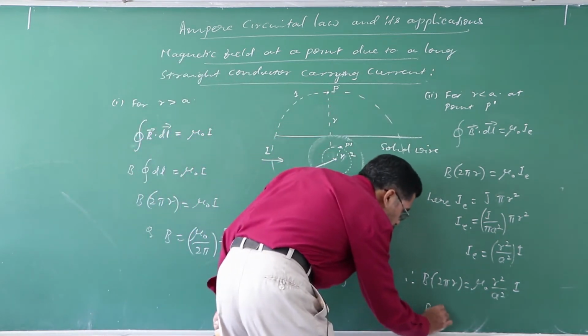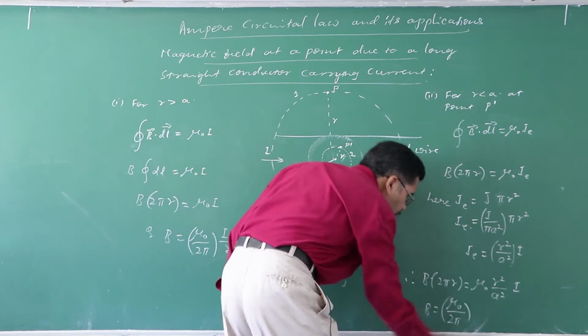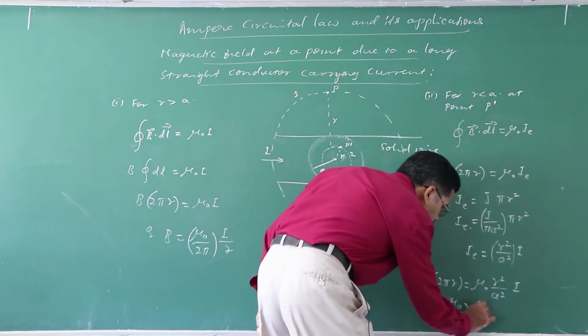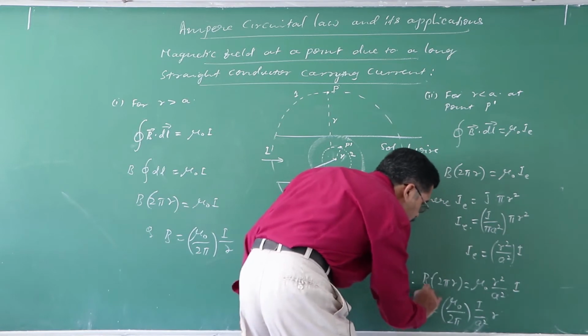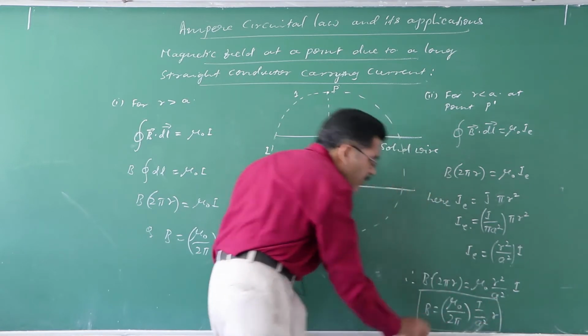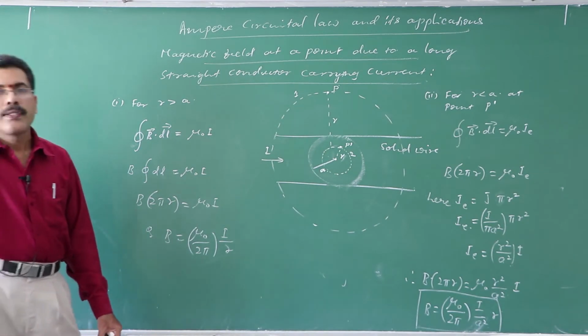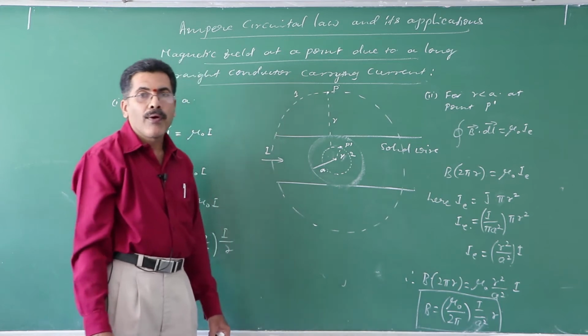B is equal to mu naught by 2 pi into I by a square into r. This is the magnetic field inside the wire. Have you got my point?